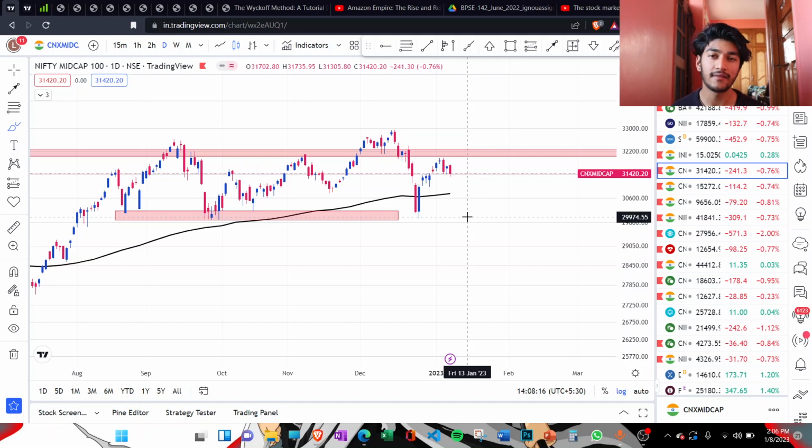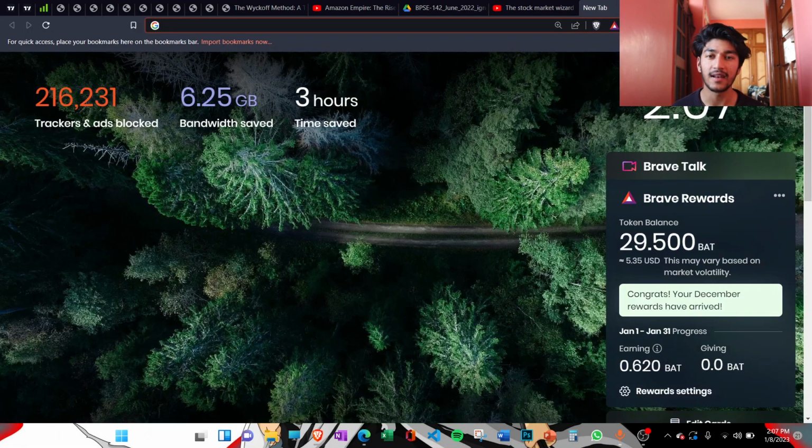So how can we escape this correction? Is there a way? Many people say it is impossible to time the market, but there are some tools freely available that you can use, so that at least you won't lose as much as you would have lost if you didn't know about these tools.